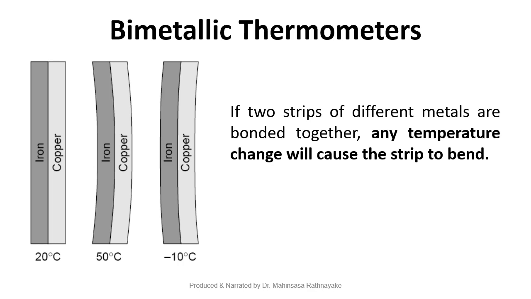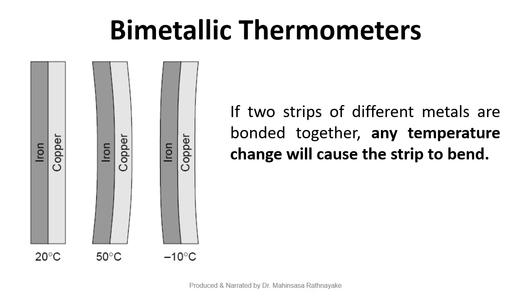Then we can focus on bimetallic thermometers. In bimetallic thermometers, we use two strips of different metals that are bonded together. We know that metals expand when the temperature is changed. So when there is a bimetallic strip, because the metals can't expand together, bending happens on the bimetallic strip.